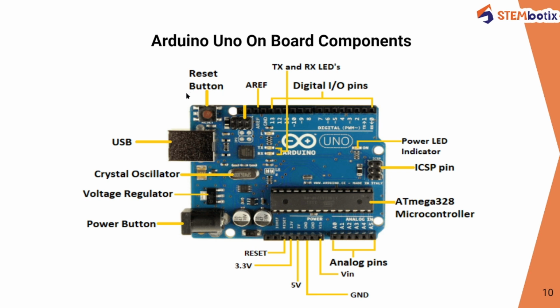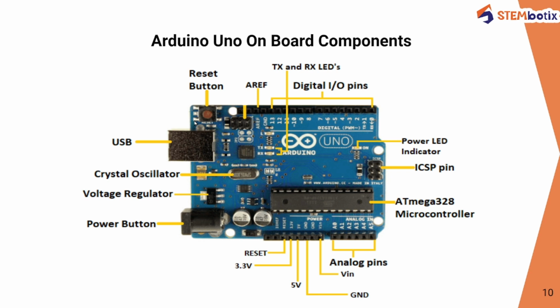After that, we have this reset button. As you can see here, the Arduino Uno board has a small button of red color. So this particular reset button is used to reset your Arduino board, means to start a program from the beginning. If you want to start your program from the beginning, you can just press that button and you are ready to reset your program.